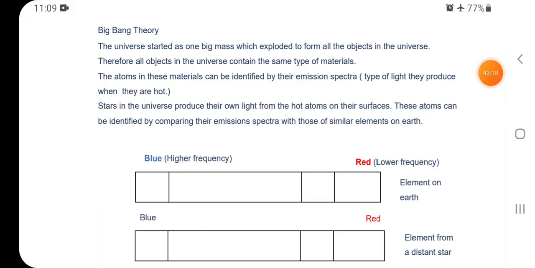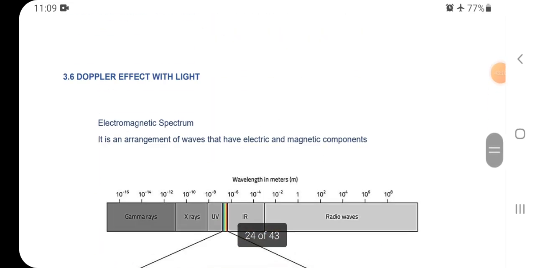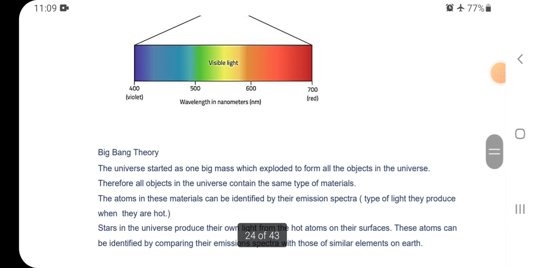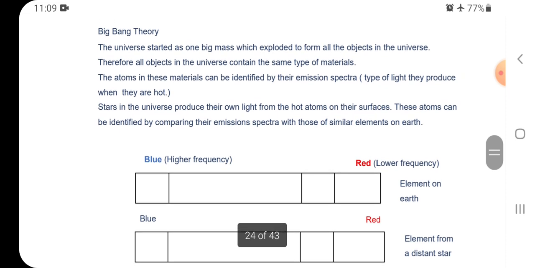So here we are going to look at the Doppler effect with light. And this is what you have to know, that the universe started as one big mess which exploded to form all the objects in the universe. Therefore, all objects in the universe contain the same type of materials.